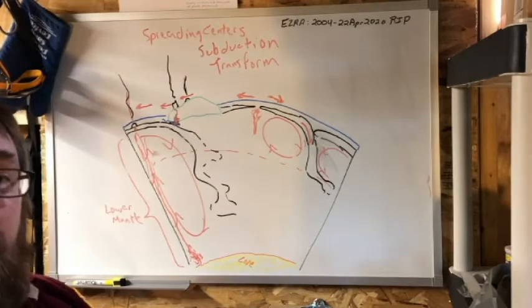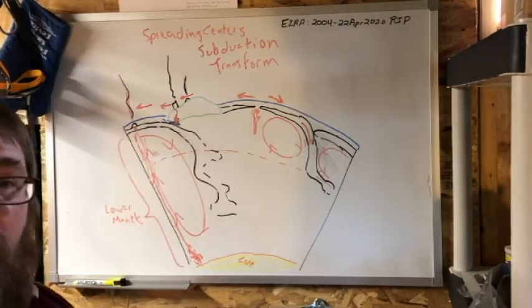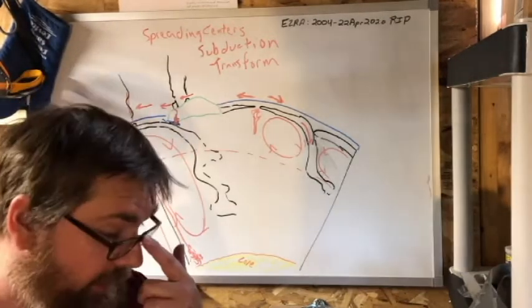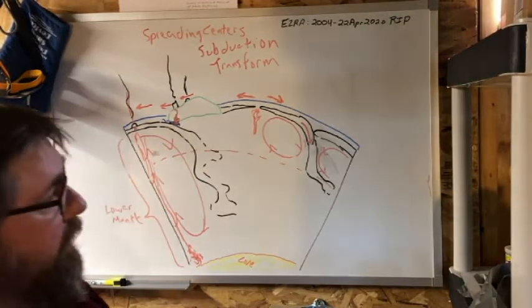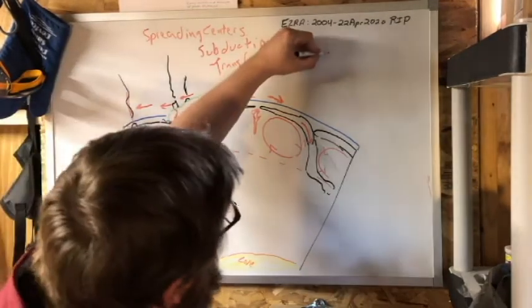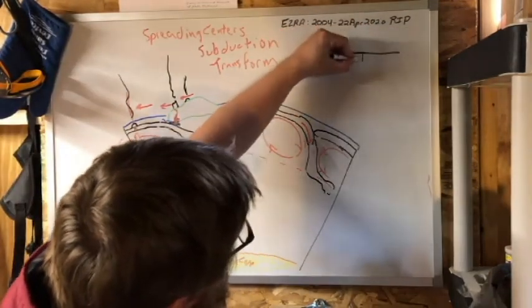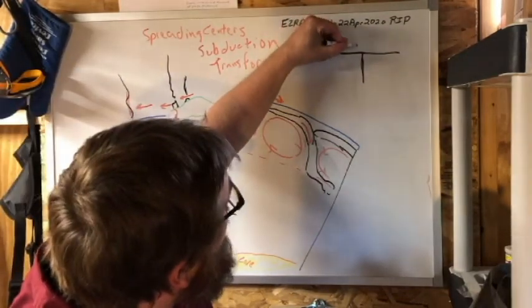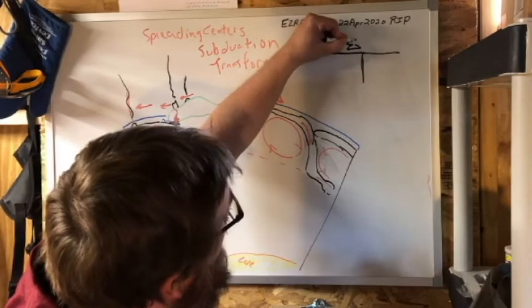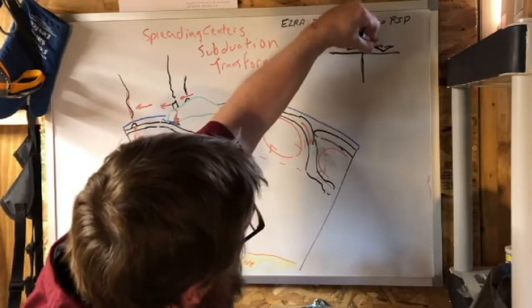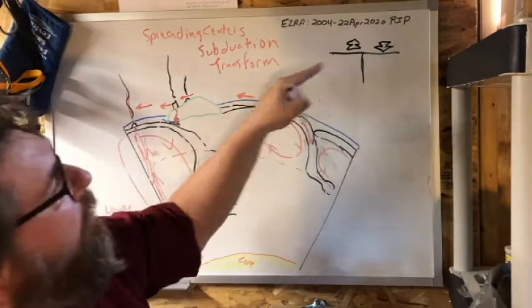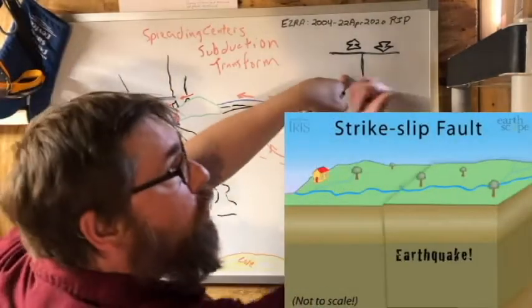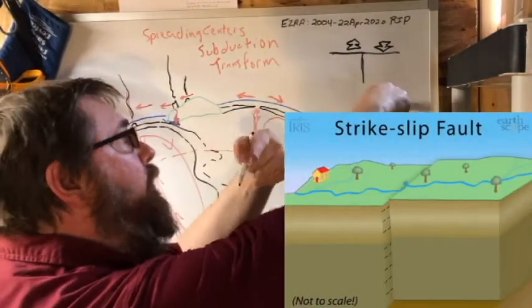Our third boundary that we're not going to really talk about here, but this is what is happening at the San Andreas Fault in California, which I'm sure you've all heard of, are transform faults. This is also a cross section. This is our fault. There is no vertical movement. Depending on whether it's left or right lateral movement, the plates are either moving away from you or towards you, but it can be vice versa as well.